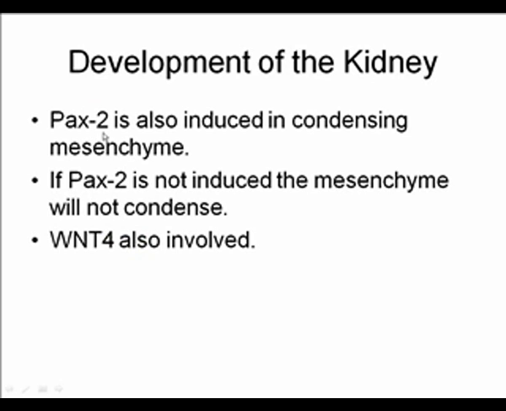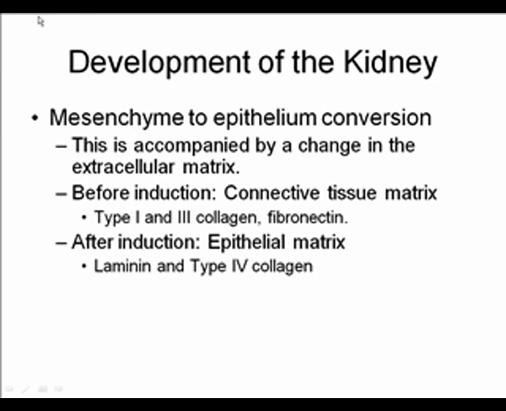Again, PAX2 is important in inducing the mesenchyme to develop into the nephron, and if PAX2 is not present, that mesenchyme will not condense. And the Wnt genes are also involved in this process. In addition, this mesenchyme not only has to condense but be converted to an epithelium, and so there's an epithelial conversion.